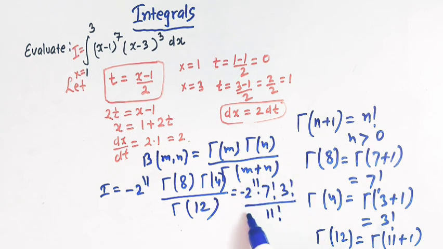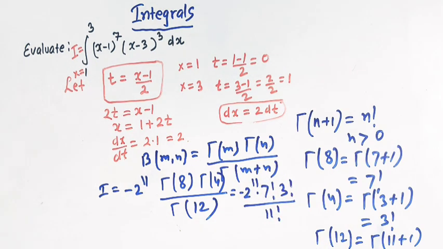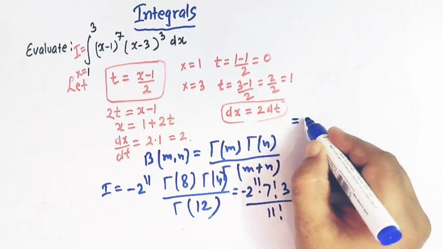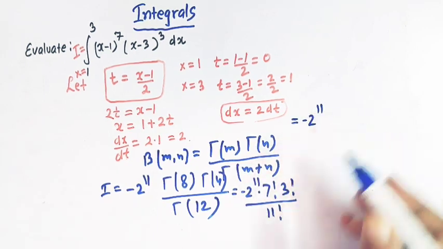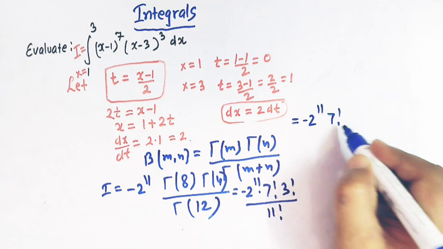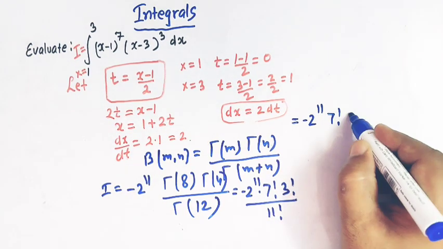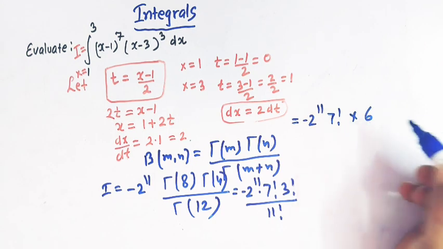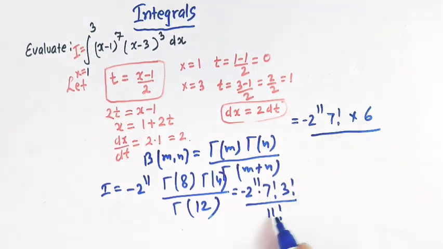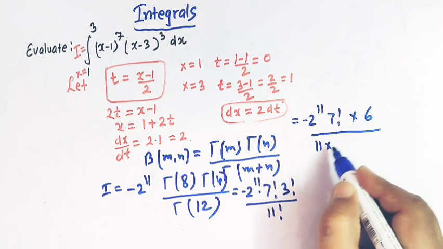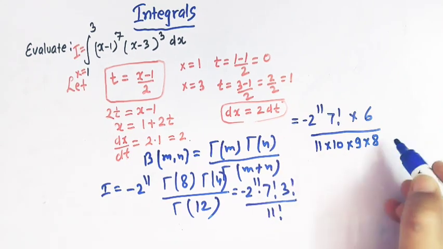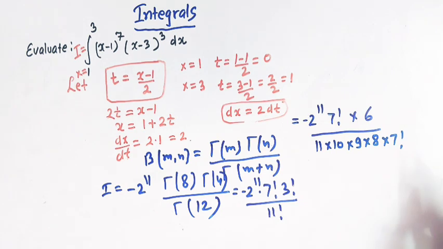So now we have to calculate the value of this expression. See, here we have minus 2 raised to 11, 7 factorial, then 3 factorial is 3 times 2 times 1, that is simply 6, and 11 factorial can be written as 11 times 10 times 9 times 8 times 7 factorial, right?